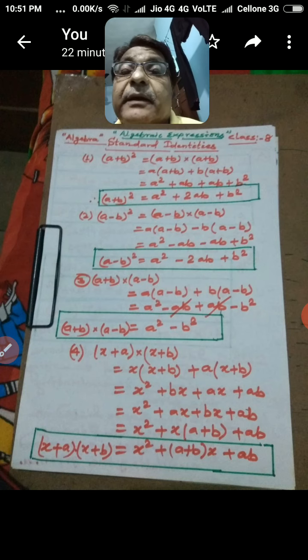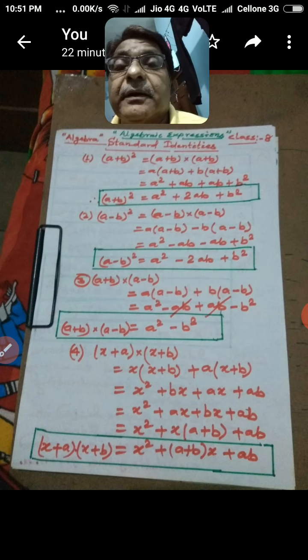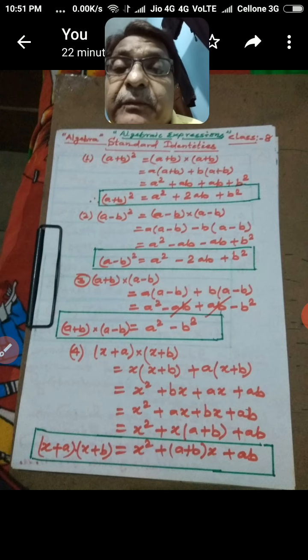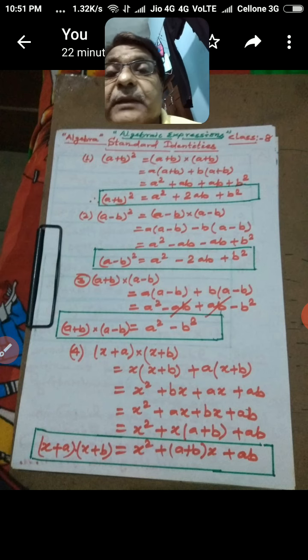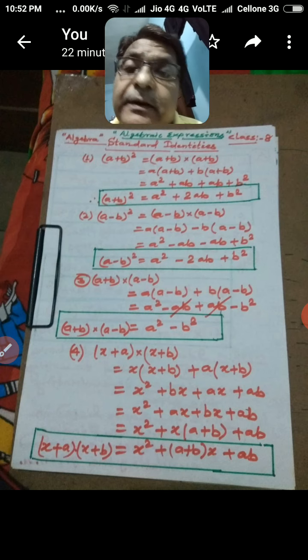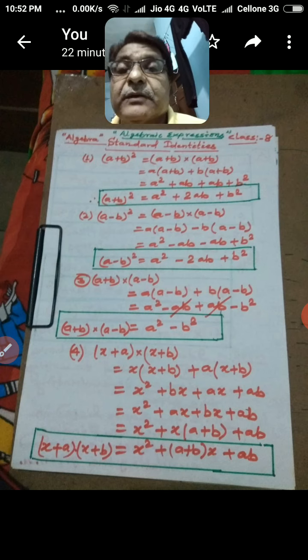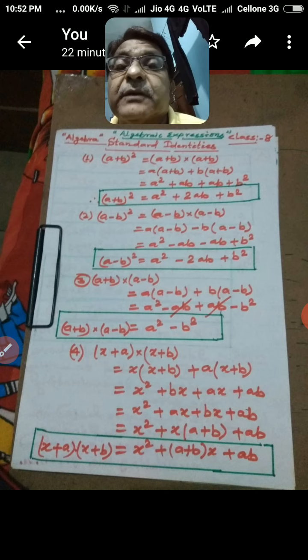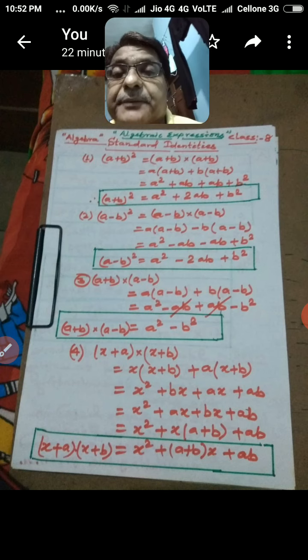Okay, in case of a plus b whole square, all terms are with positive sign and the terms are a square, 2ab and b square, these three. So the answer is a square plus 2ab plus b square. Now come to a minus b whole square.